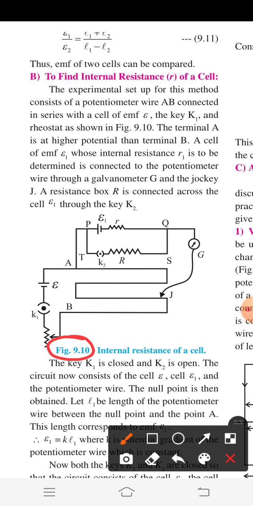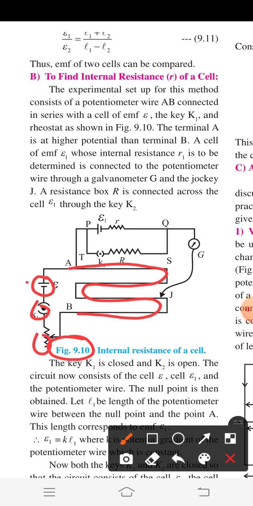The setup consists of a potentiometer wire AB, which is connected in series with a cell of EMF E, plug key K and rheostat RH. Terminal A is at higher potential than terminal B because it is connected to the positive terminal of the source of EMF E.